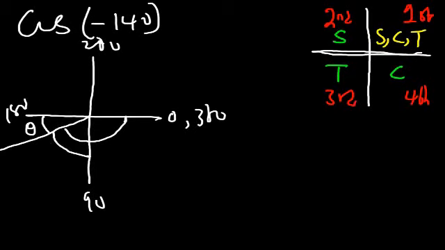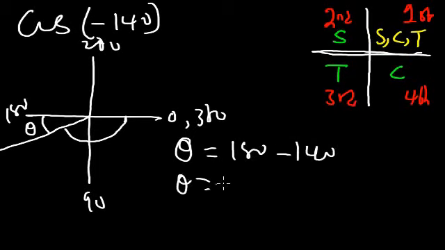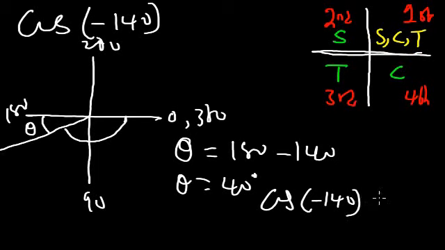So be very careful in selecting your theta. So how can I determine theta? To determine theta, I know that from this point to this point is 180, and I got this to be 140. If I subtract it from 180, that should provide theta. Definitely theta will be 180 minus 140, and that should result in 40. Perfect. Which implies that cosine negative 140 is the same as cosine 40.